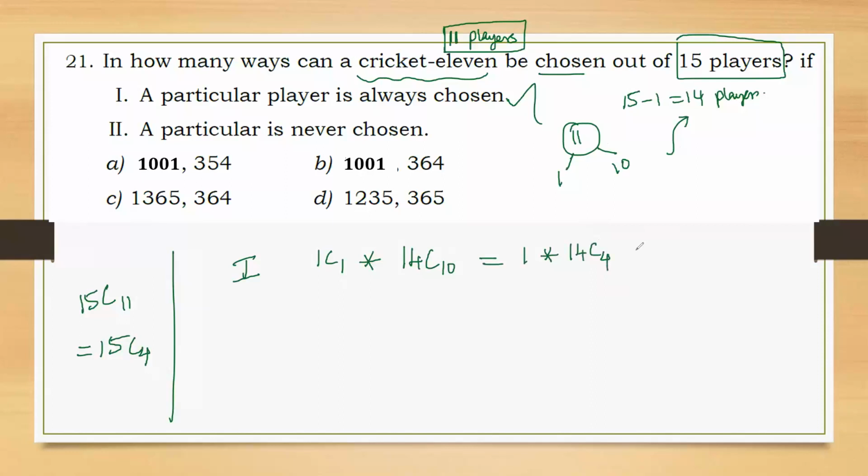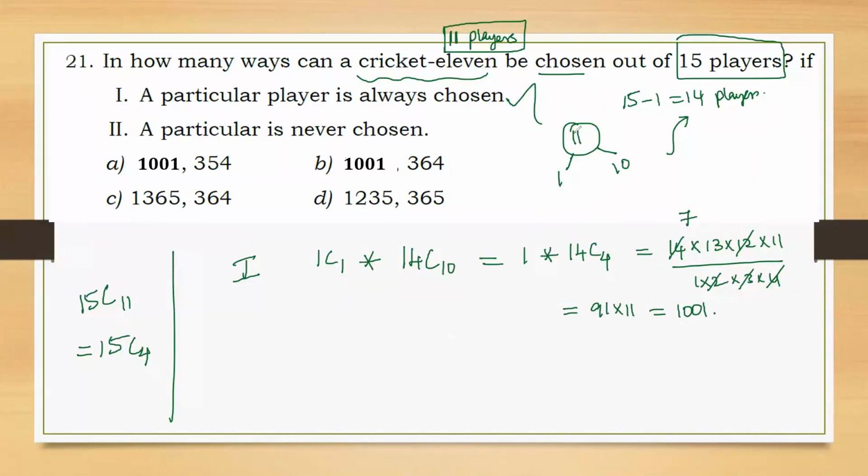So 14, 4 numbers reverse: 14, 13, 12, 11 over 1 into 2 into 3 into 4. So 3 4s are 12. This one is 7. So 91 into 11, you will get 1001. Is it clear for the first case? One player is always chosen.